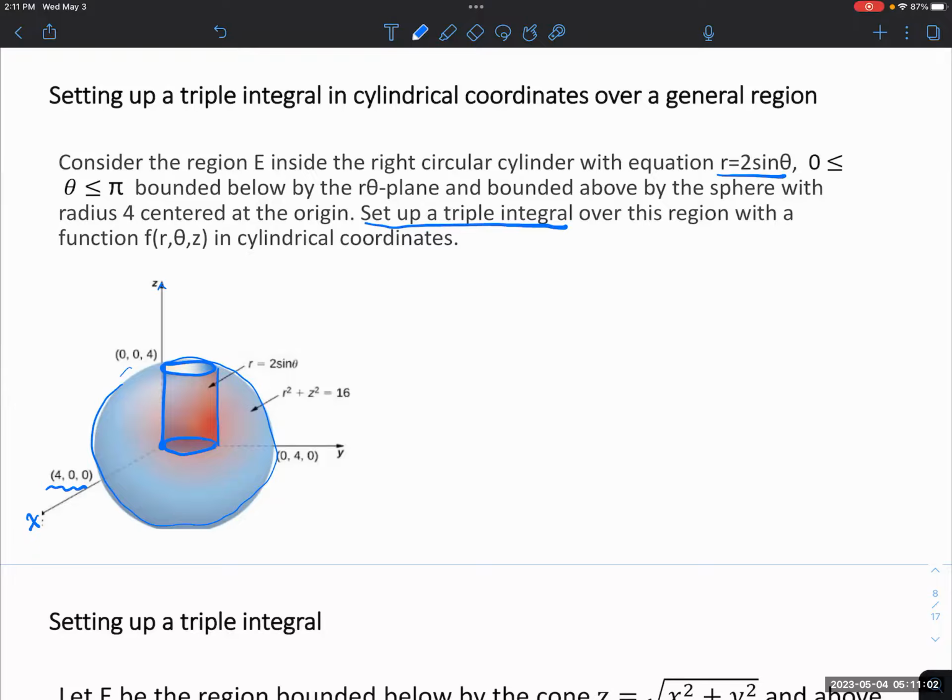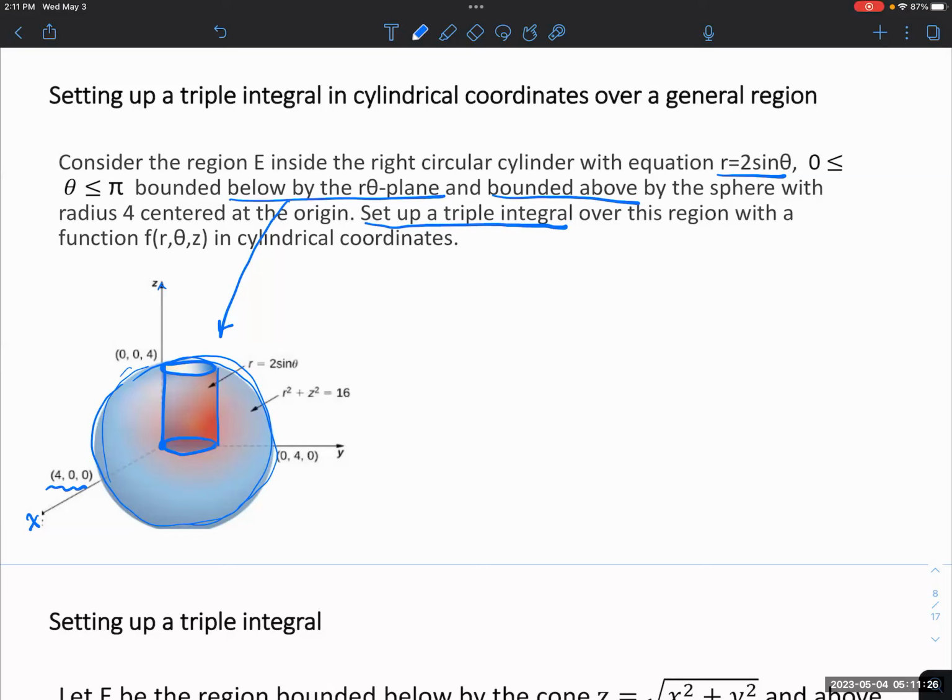And then they say the cylinder is inside, okay? So bounded below by the r-theta plane, and bounded above a little bit by the sphere shape. So that's what they're actually describing. That's where they're located. And then they want to find something.